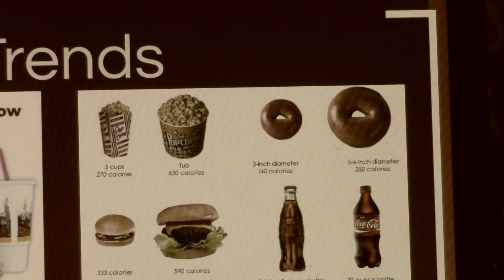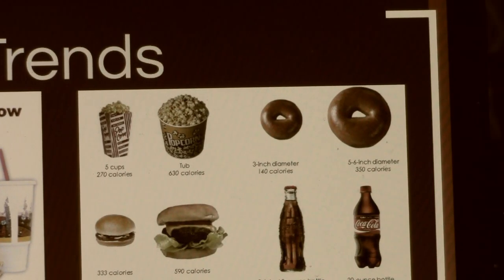Same with sodas. It used to be that a typical soda was 8 ounces. Then it was 12 ounces. Now it's hard to find something as small as even 12 ounces. Most of them are 16, 20, 24, 32. And so you get accordingly a lot more calories, and all those calories are coming from sugar.